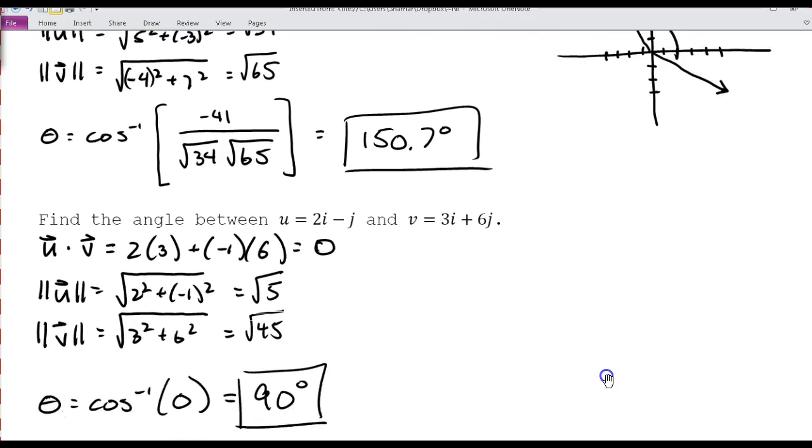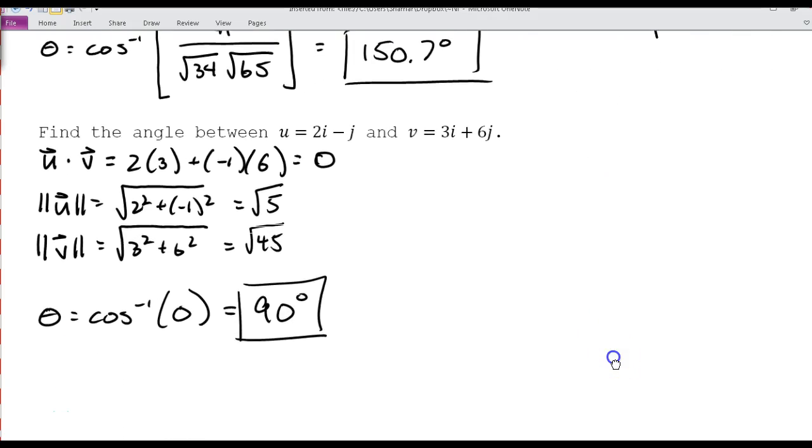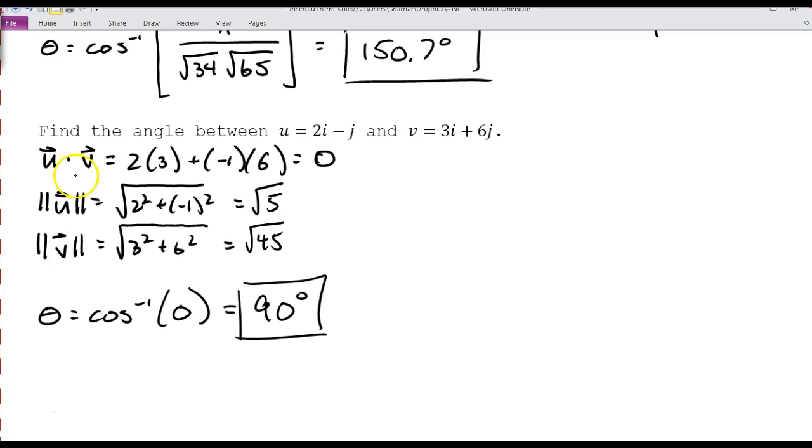Now, for this one, this is an interesting case because when we did u dot v, we get 0. So I've calculated the magnitude of u and v, but we really don't have to because we're going to end up with u dot v, which is 0 over some number. So 0 over some number is just 0.